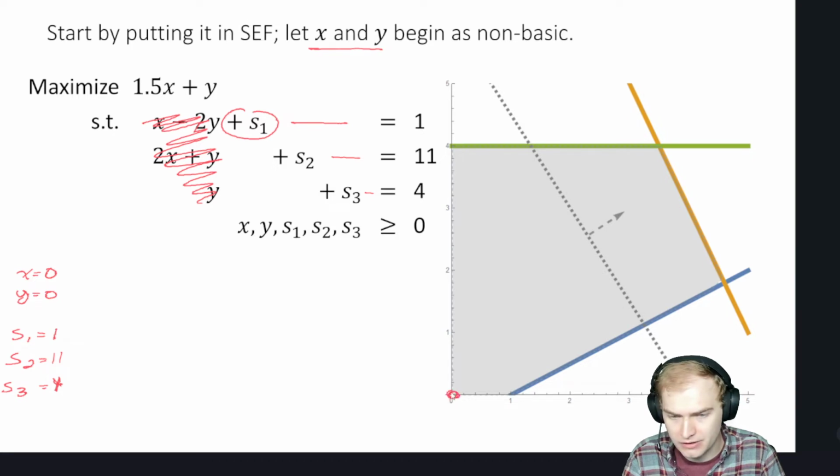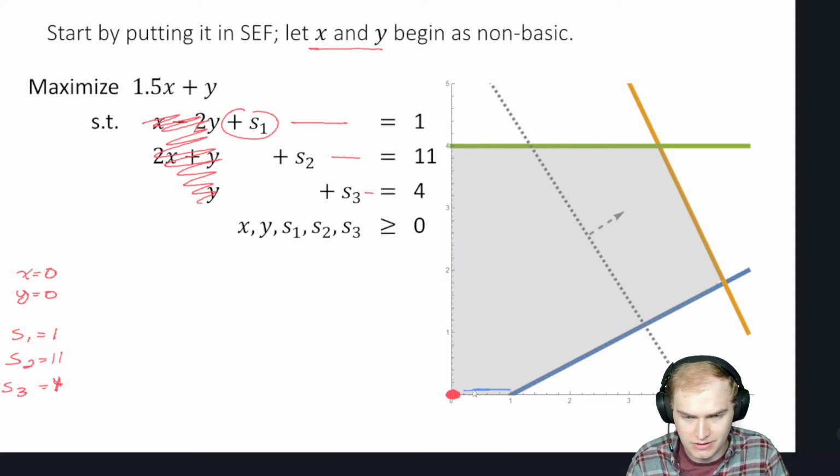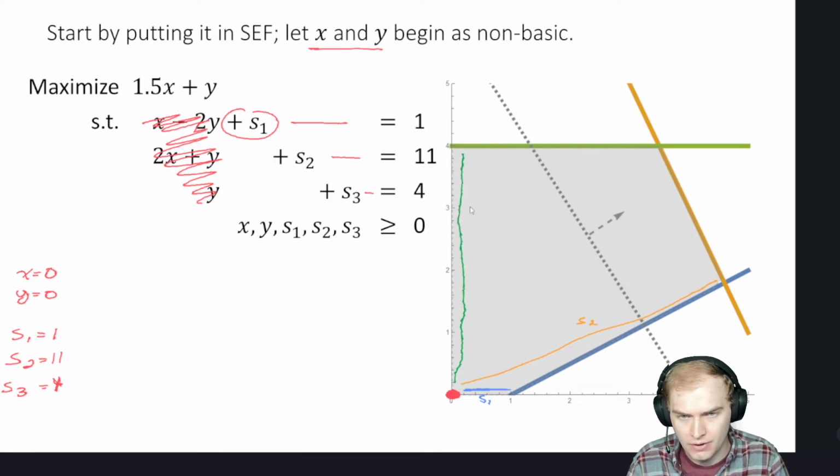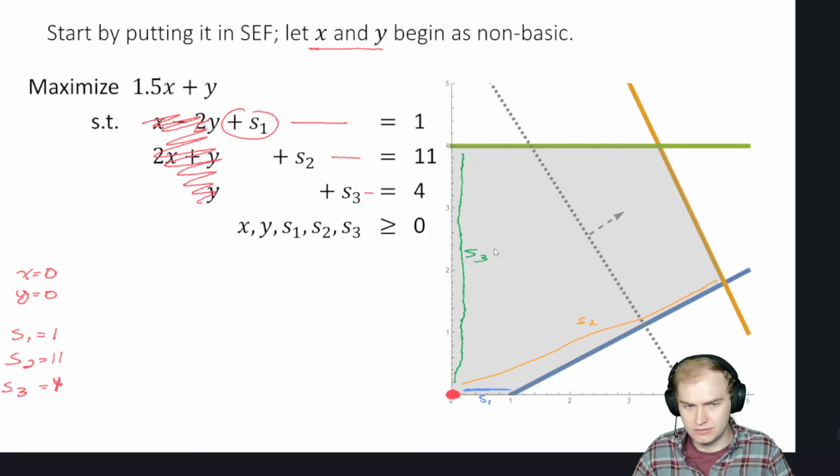So our point then is the origin, 0, 0, and S1 corresponds to this sort of distance from our point to the first constraint, S2 is this distance to the yellow constraint, the second constraint, and S3 is sort of the distance to the third constraint.